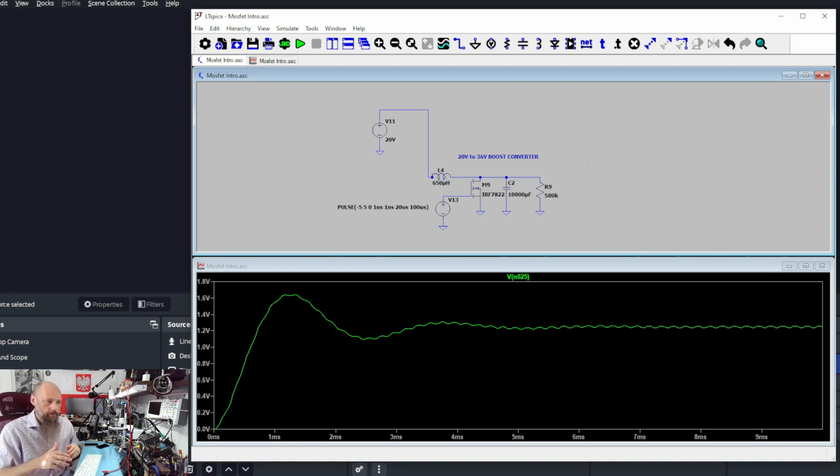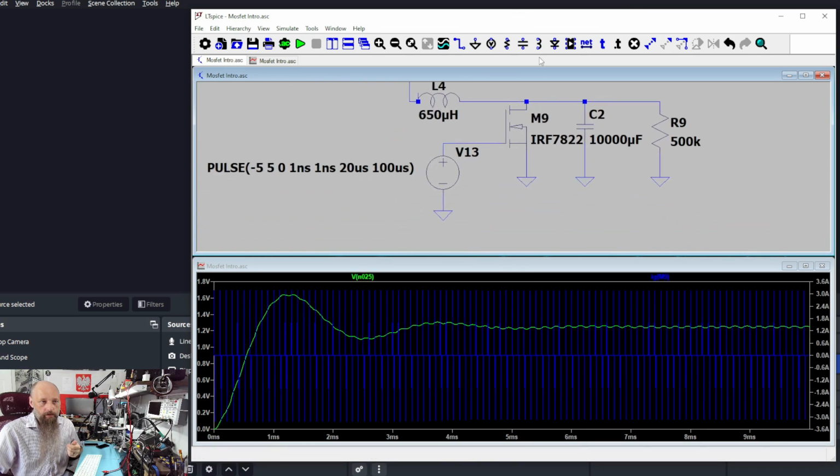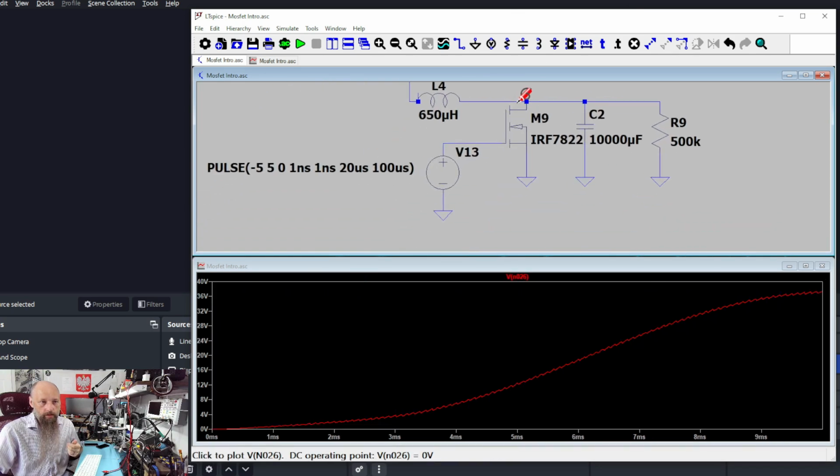That's why typically when you buy voltage converters, they're either boost or buck. You typically don't have the ability to both increase the voltage or reduce the voltage. So they're going to be either step down converters or step up converters, the boosting converters. In this configuration, we're going roughly to 36 volts.